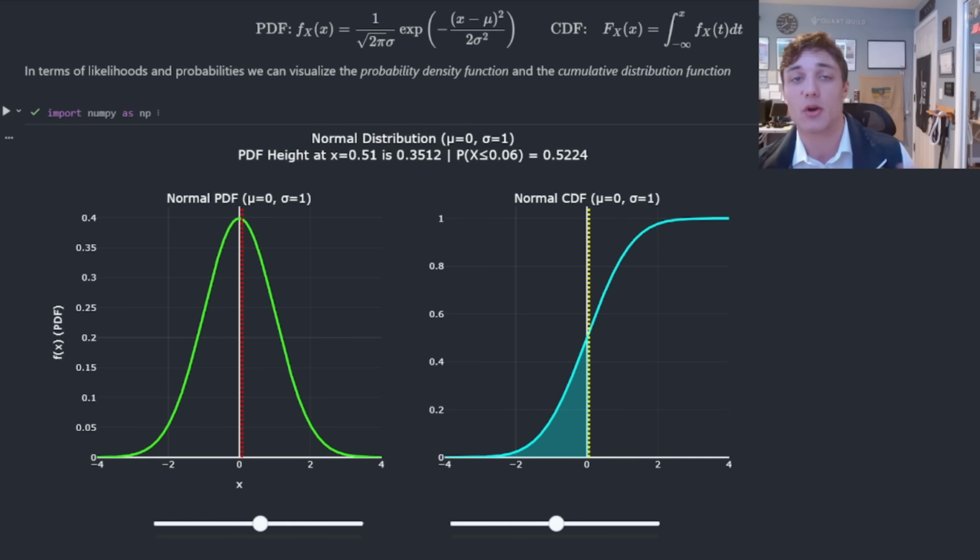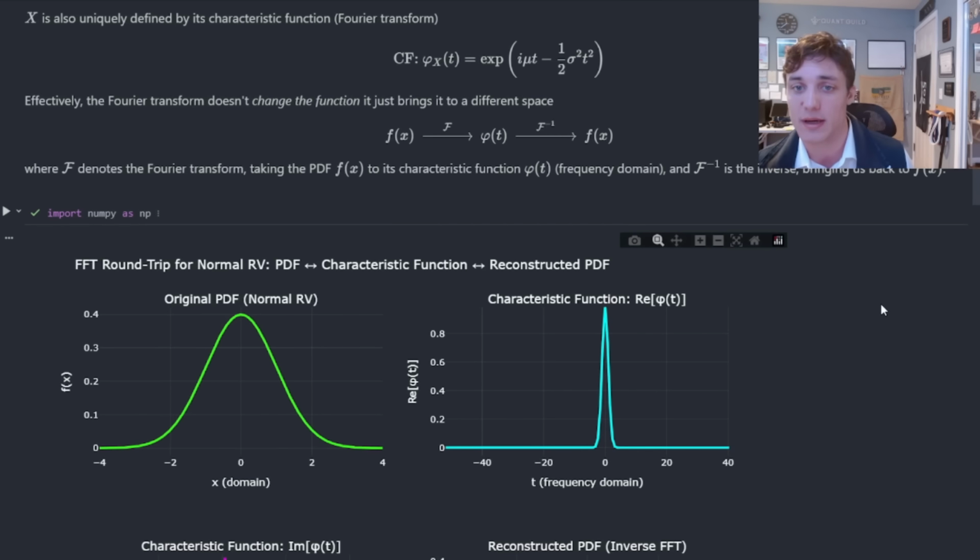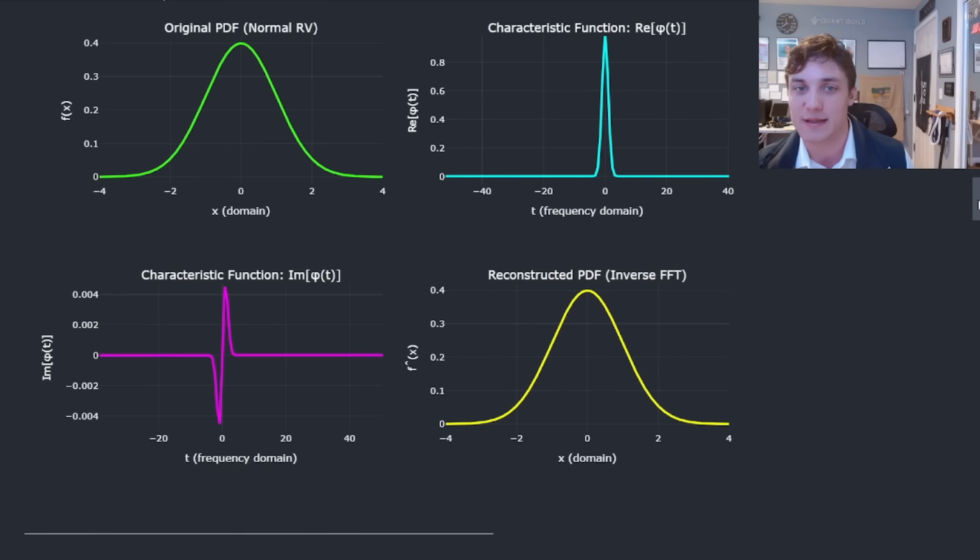We can also define the normal random variable in terms of its characteristic function. And to do this, all we're doing is taking the Fourier transform of the PDF, and that's a unique operation. So here I have the probability density function. I take the Fourier transform, I get the characteristic function. If I apply the inverse Fourier transform, I just get back out the original density function.